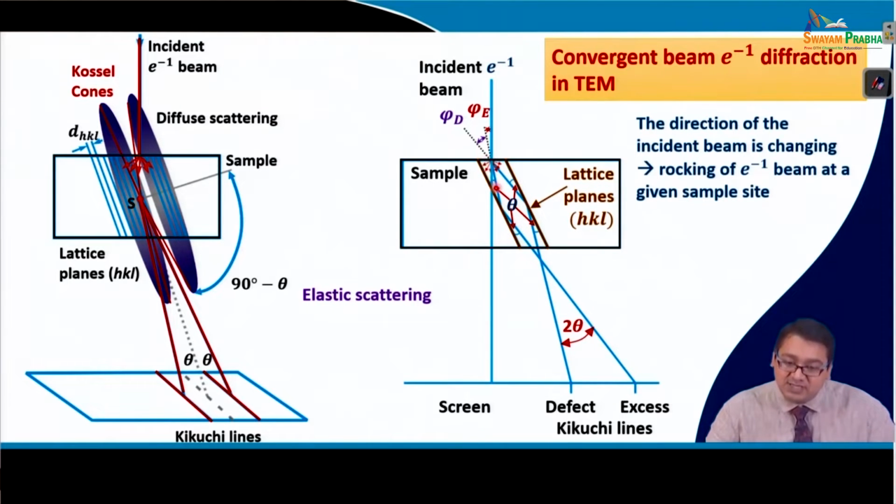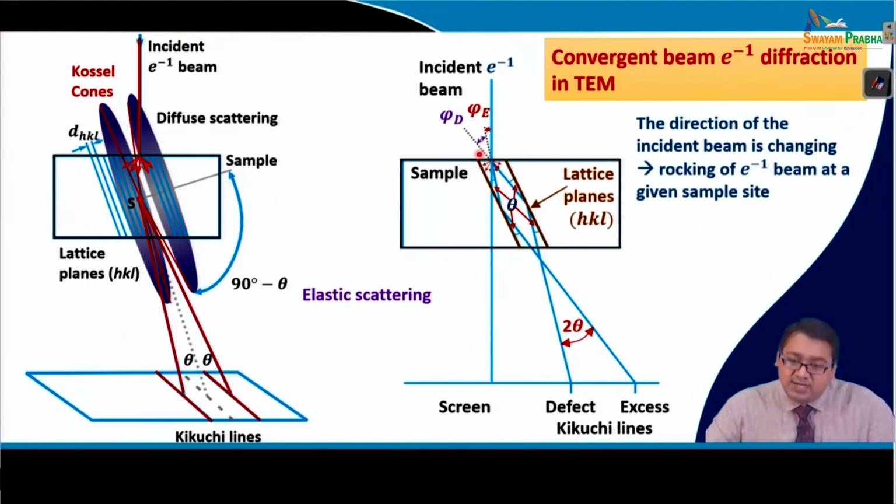And when for a certain HKL plane this electron beam comes and diffracts, with final elastic scattering, which is reinforced scattering following Bragg's law, then this incident beam falls here and diffracts and goes to the outer position of the Kikuchi band.